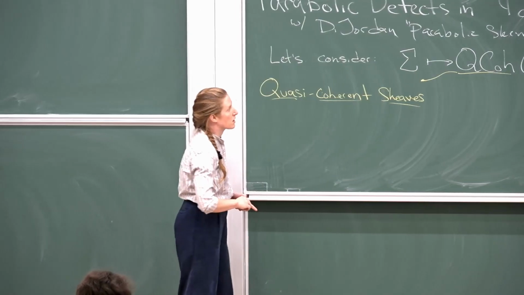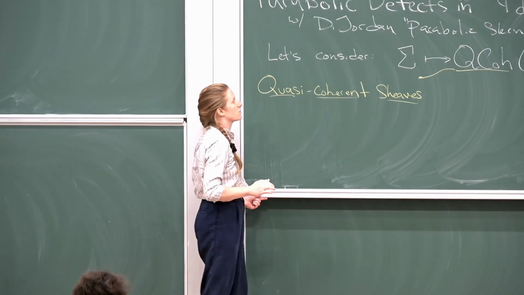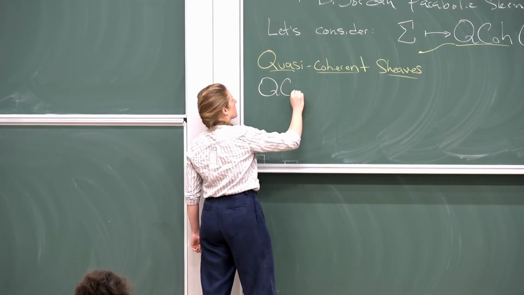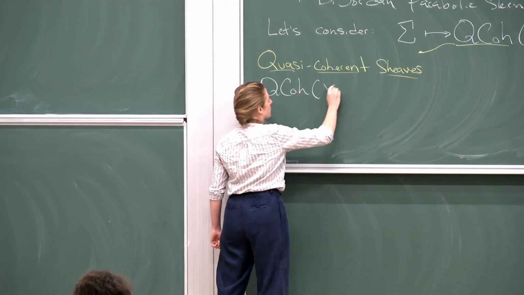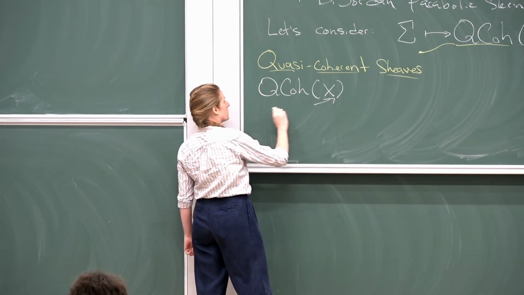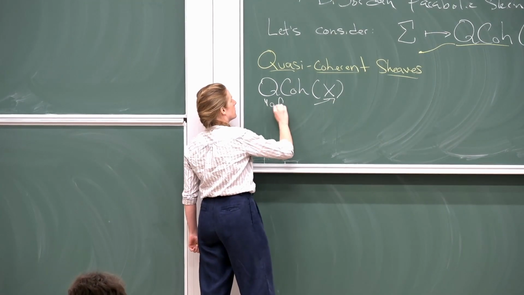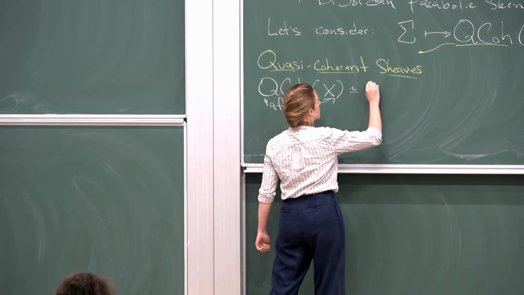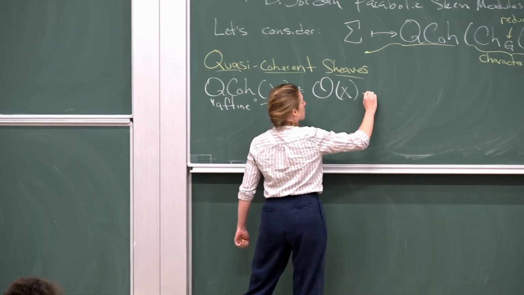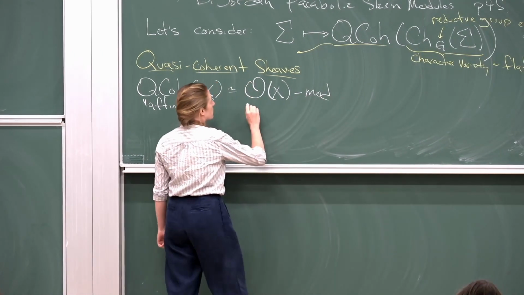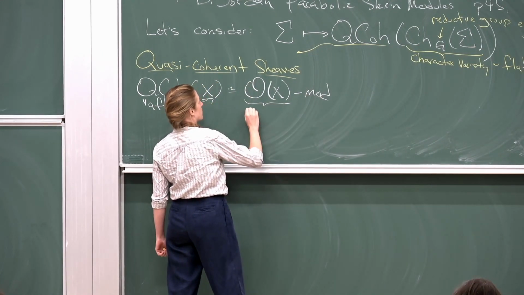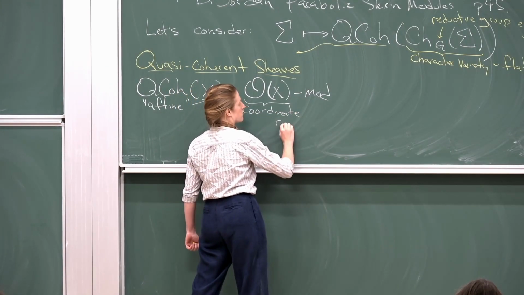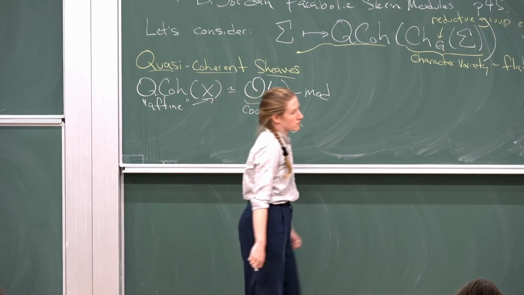And to stop this from becoming a talk on algebraic geometry, I'll just give you the following facts. If I look at this category of quasi-coherent sheaves on X, and this X is a nice space we call affine, then this is going to look like modules for the coordinate ring of my space.